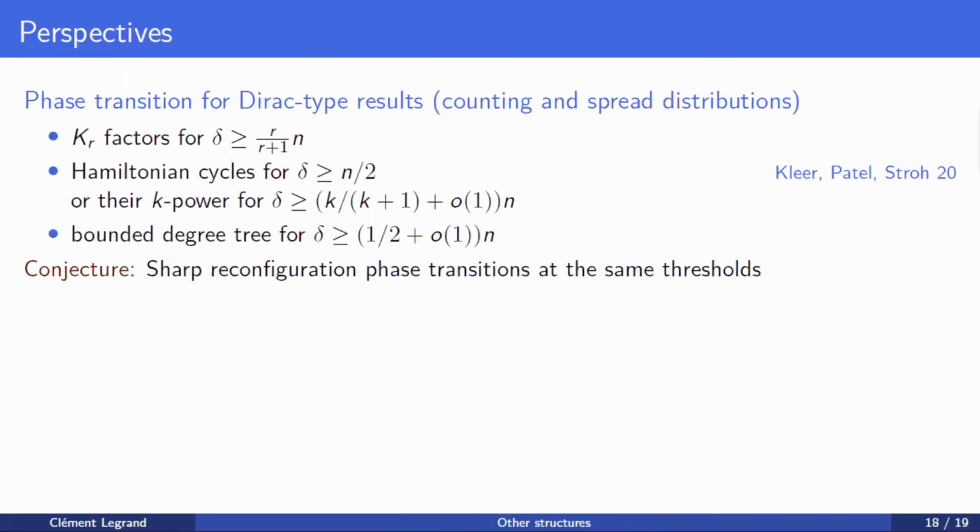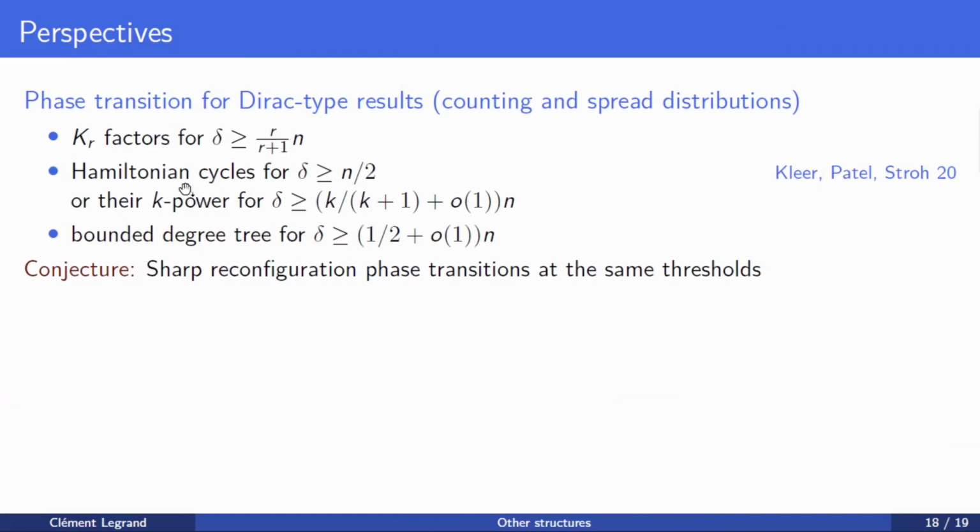And more generally, this type of question, taking some extremal problem and asking for the geometrical properties of this space of solutions, you can ask for lots of extremal problems. Dirac is just an example. For example, instead of looking at perfect matchings, you could look at K-factors, Hamiltonian cycles, or powers of Hamiltonian cycles.